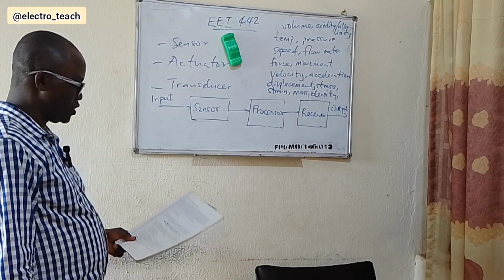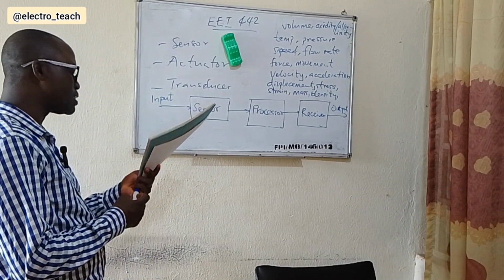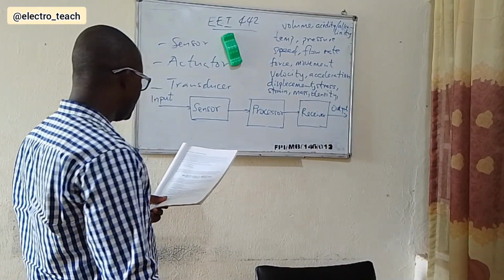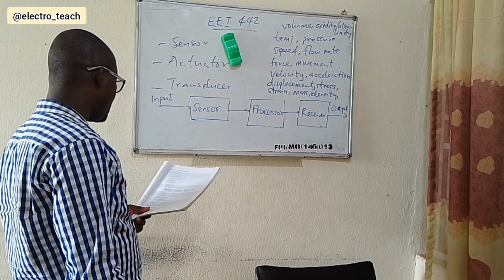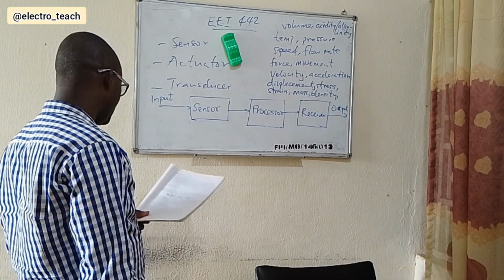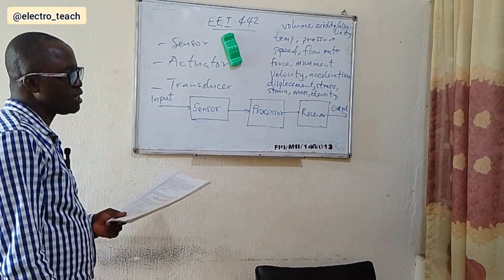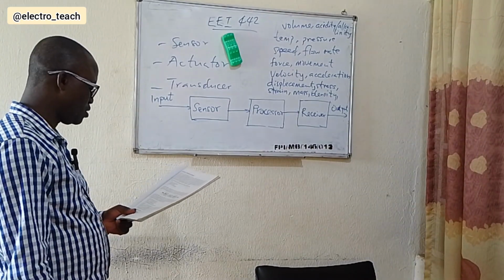All right. So now, measuring these physical quantities requires sensors. The sensor may operate as an input device such as a switch, for instance an on-off switch, to detect the parameter. For instance, proximity can be detected using a proximity switch.